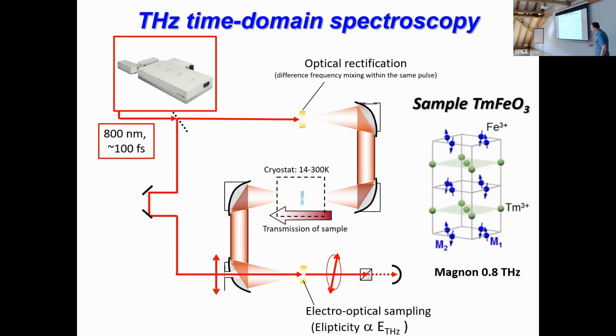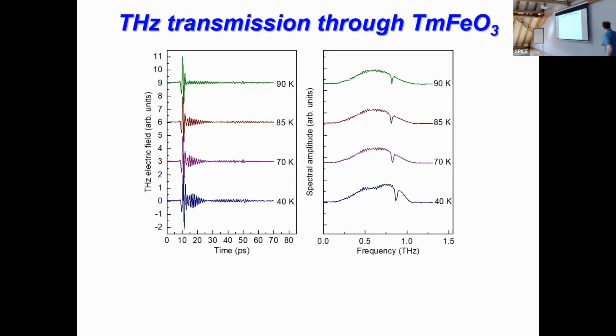Thereby, the gating pulse acquires ellipticity proportional to the electric field of the terahertz wave, and by changing the delay, we can record the time trace of the propagated terahertz radiation. Here you can see examples of terahertz transmission through thulium orthoferrite at different temperatures.